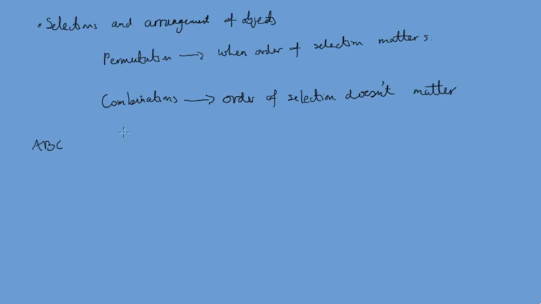So you'd have A and B, or A and C, or B and C. But if you wanted to order them in a particular way, like choosing two letters of A, B and C and wanting them joined together, you could have AB, BA, AC, CA, BC and CB. There's 6 permutations, because the order in which you select them actually matters.